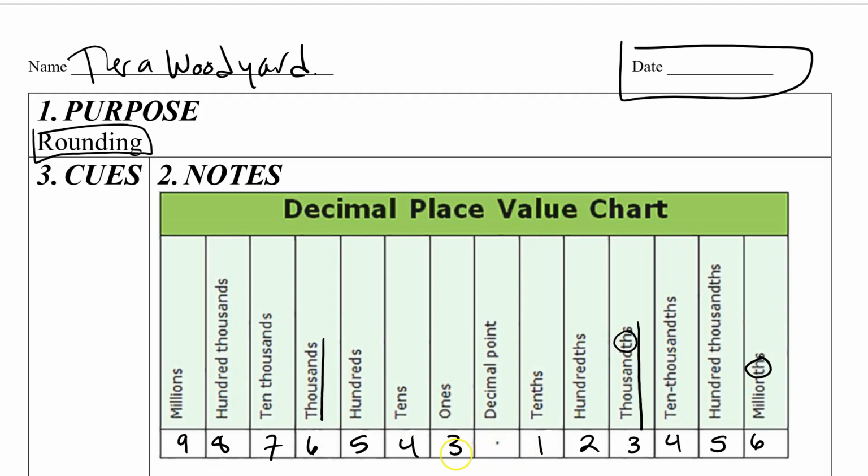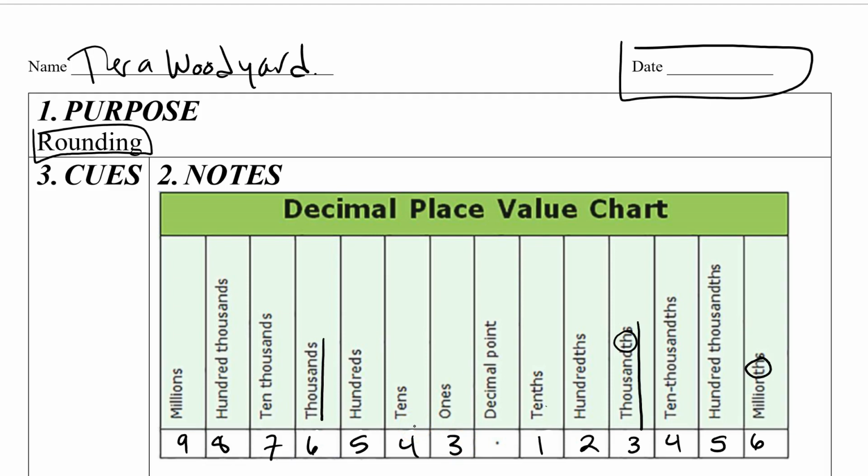Now, here's the sticky, tricky thing: it's not quite symmetrical. You have the ones, and you have the tens and the tenths. You don't have any oneths. I don't know why, but you don't have oneths. But you do have the ones column here.